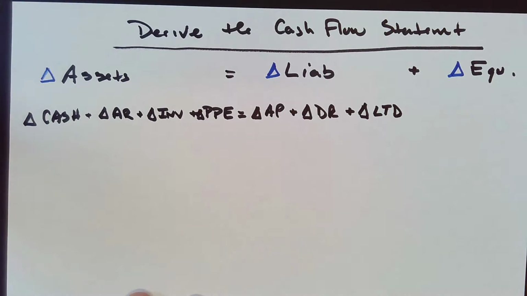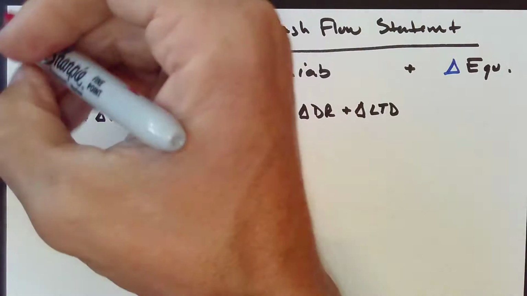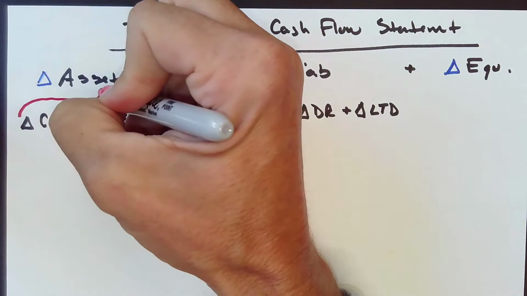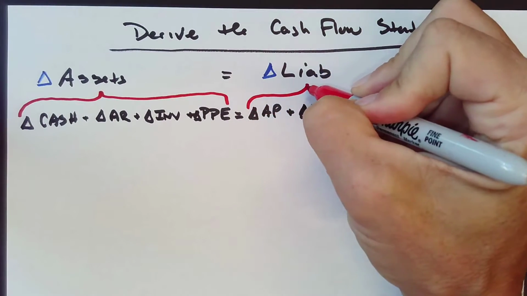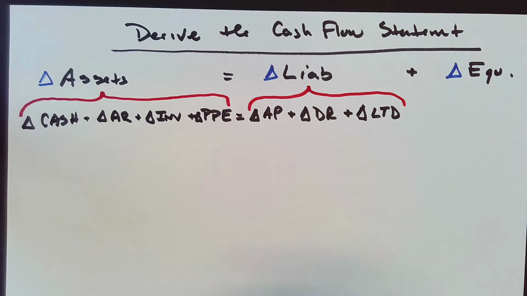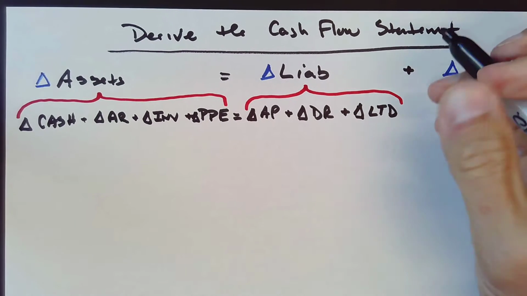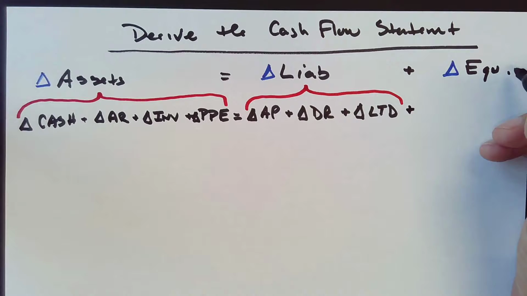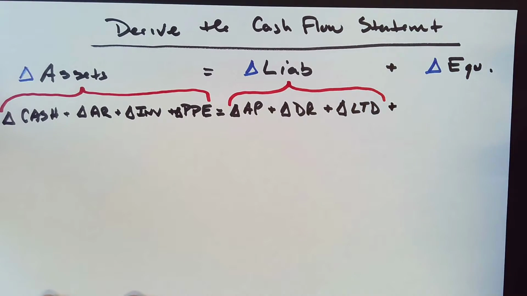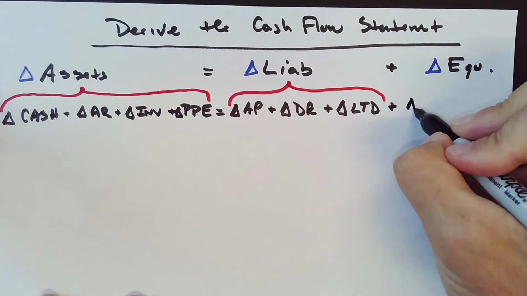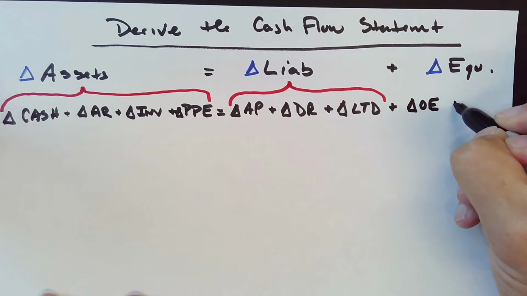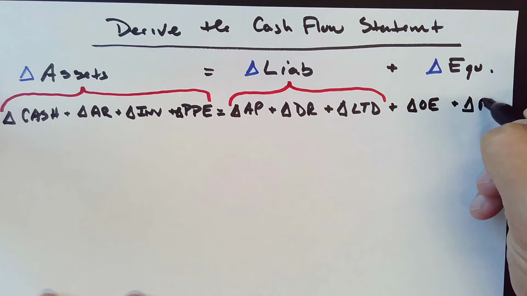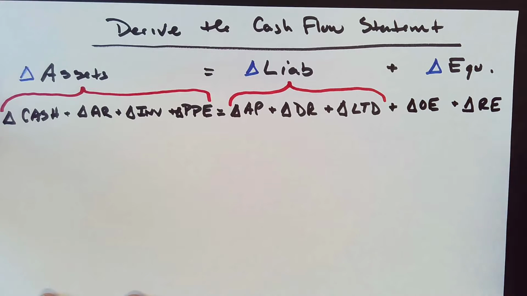So these are all my changes in my assets. These are all my changes in my liabilities. And then we're going to add to this my changes in equity, and we'll keep it simple. So changes in owner's equity plus changes in retained earnings.